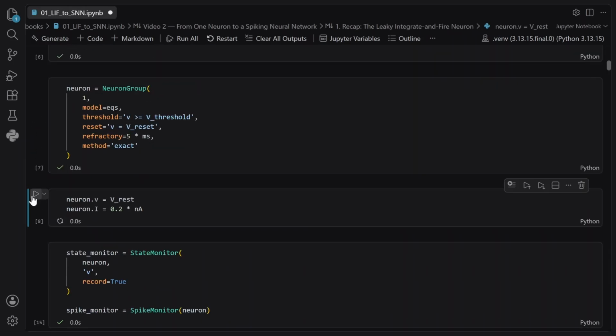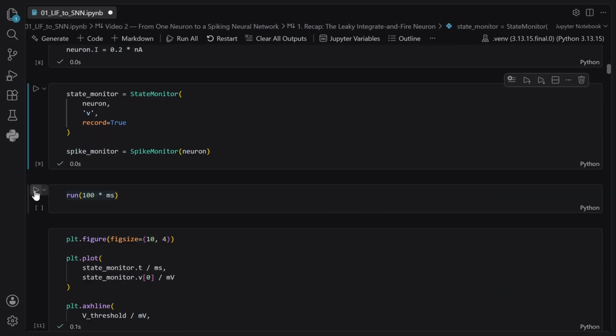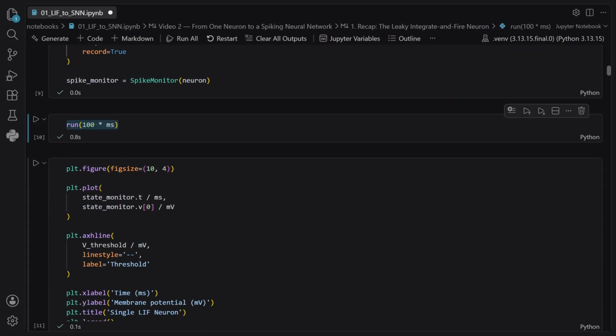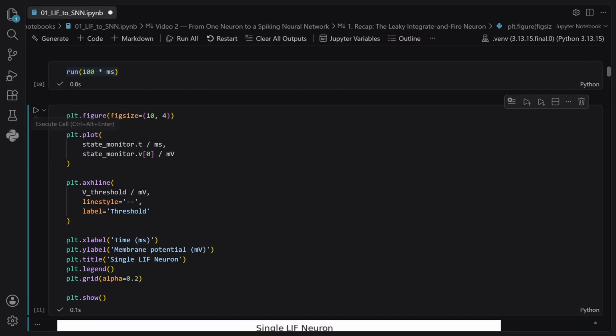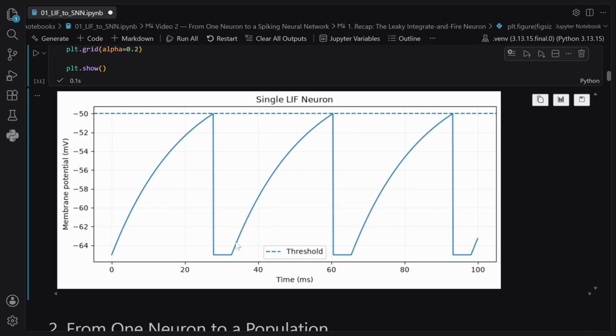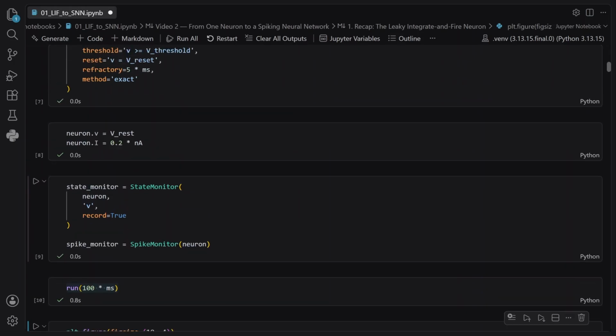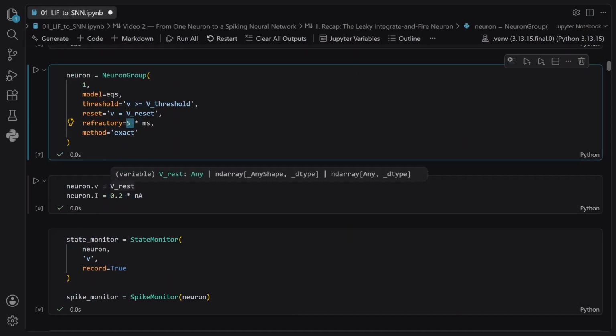Let's again set this to the initial state. Let's set our monitors. Let's run the simulation. Great. And let's run the plot. Notice this. This is the time the neuron needs to recover because of this 5 millisecond refractory period.